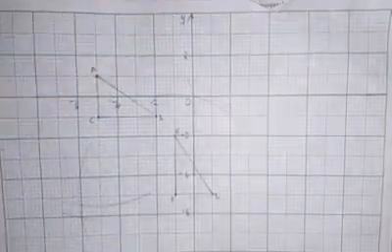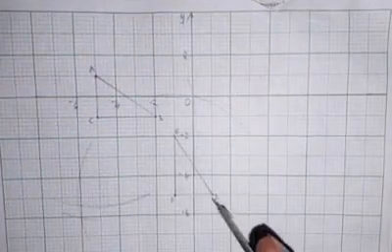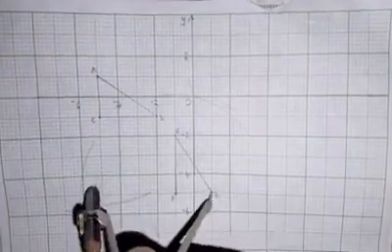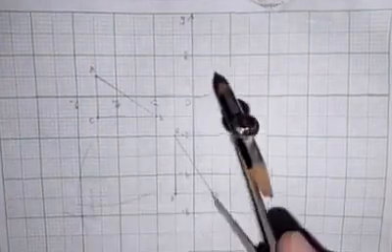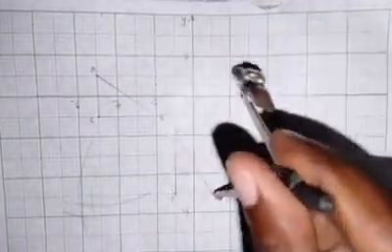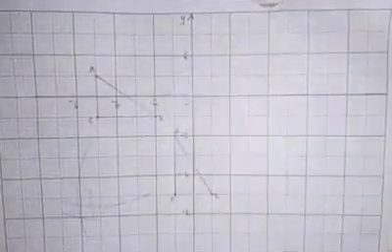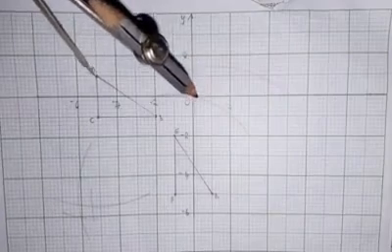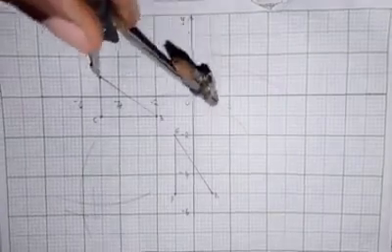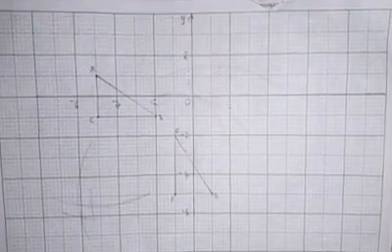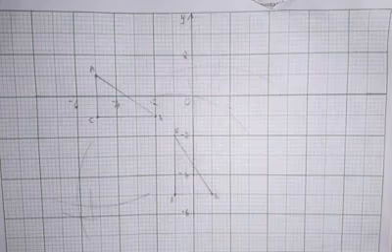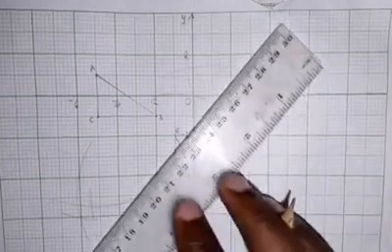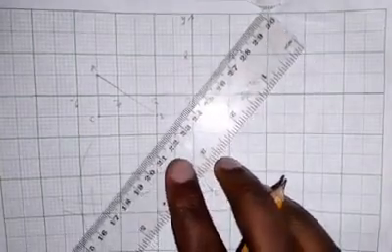Okay, then I'll go where there is D, and I'll also put an arc this side, then put the arc the other side. Then again I'll go where there is A, and I'll put an arc this side. So as you can see here, these arcs are intersecting, or they are meeting.